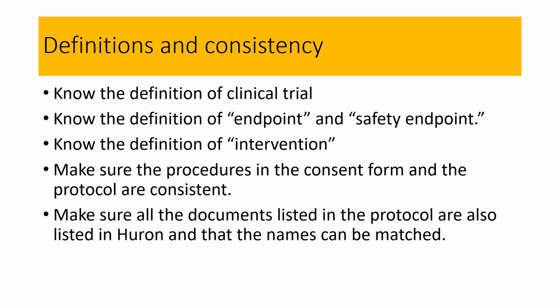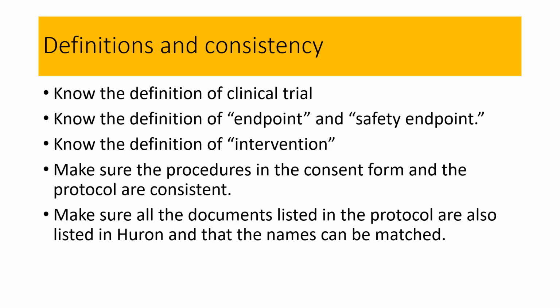And here's the big one. This is why I'm mentioning it several times. If your study has survey instruments, the IRB reviewer has to make sure everything in the Huron list is also mentioned in the protocol, and everything in the protocol is uploaded into the Huron list.